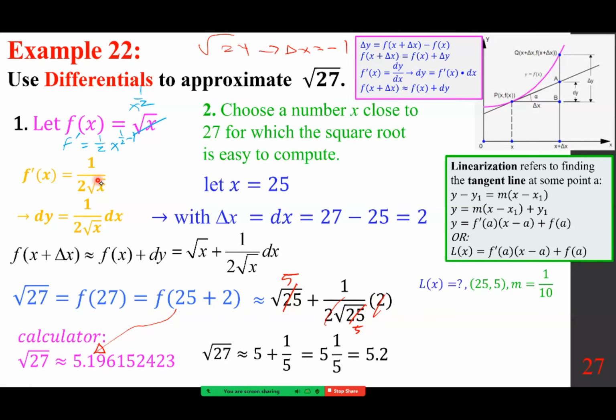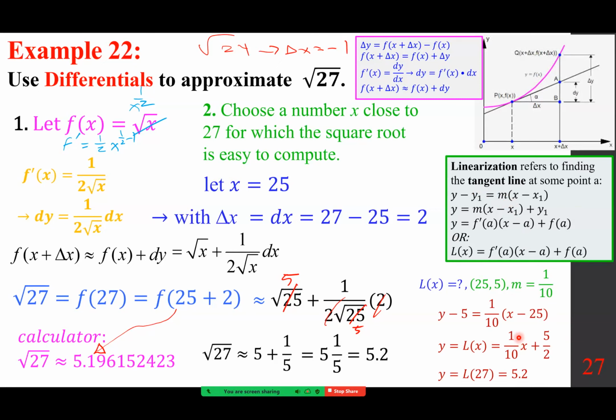This is how you do the calculation. So y minus y1, y minus 5 equals m, 1/10, times x minus x sub 1, or x minus 25. You go through the process, you get this linearization. Now you are going to evaluate it when x is 27 and you get the same answer.